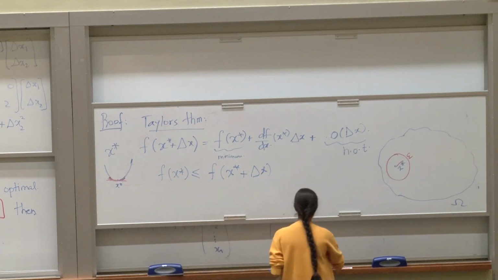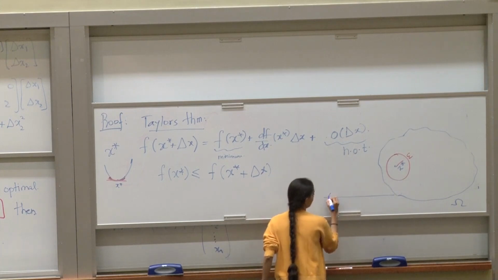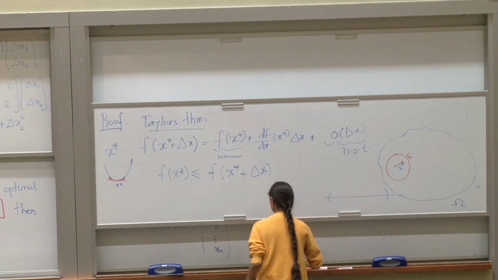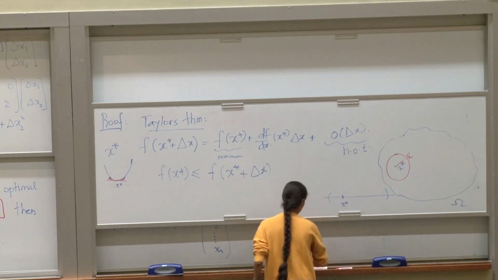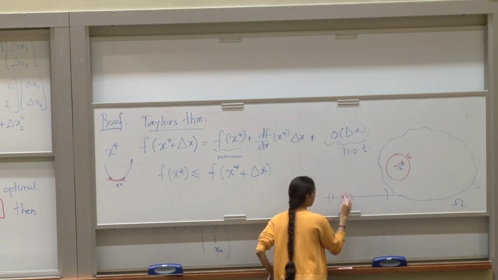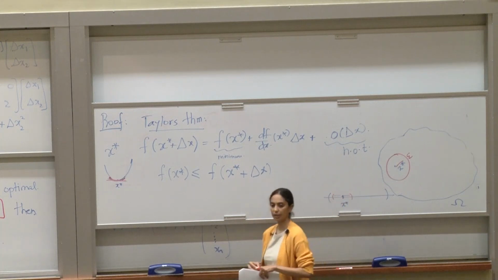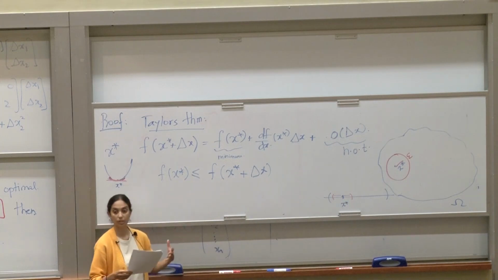So if I think about this in terms of the reals, let's say this is my open set here and this is my x star here. I know that I have some epsilon such that in both directions, if I move by epsilon, I'm still always inside the set. Okay?